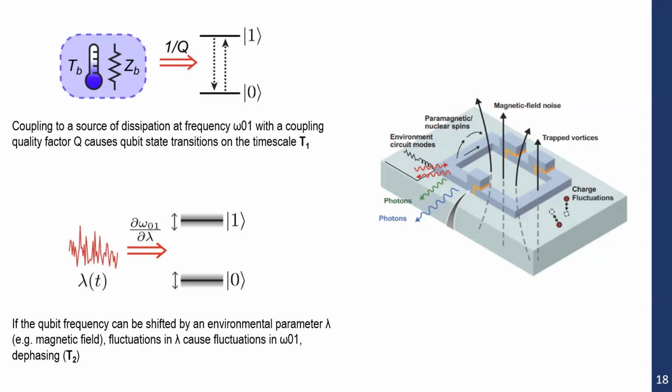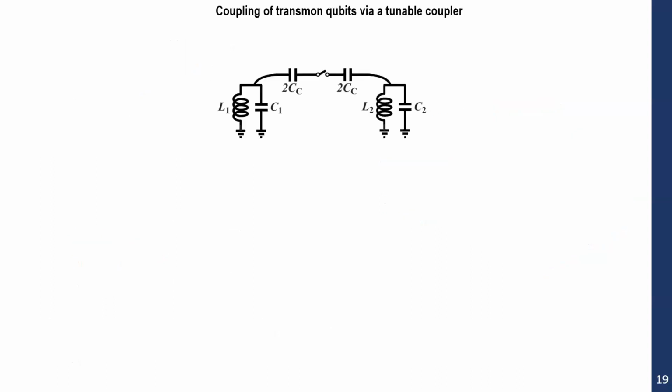And the substrate is made of molecules and atoms, and those also fluctuate, and these fluctuations lead to dephasing. So in practice, we always strive to mitigate and reduce the factor of these noises in order to achieve better performance in terms of computing.